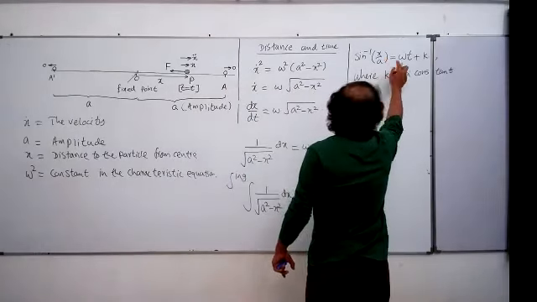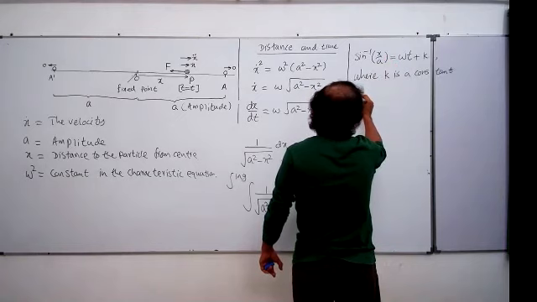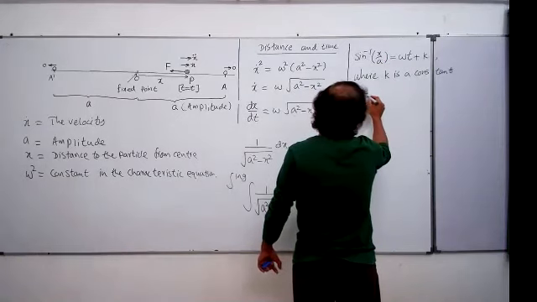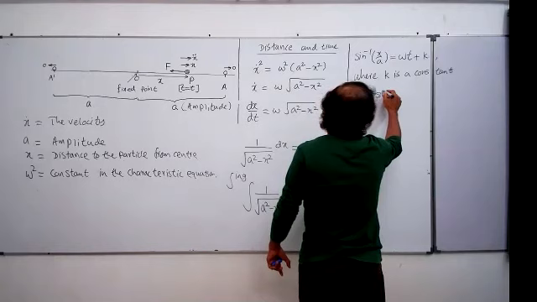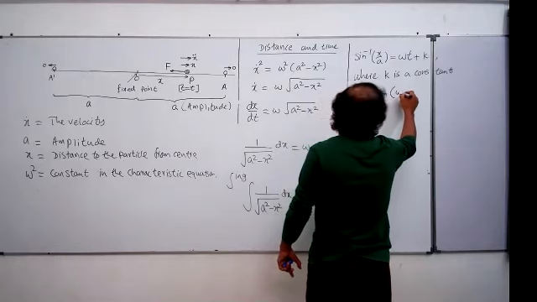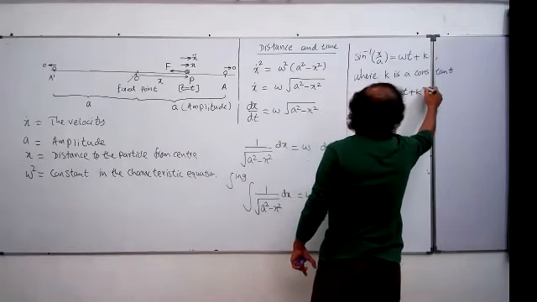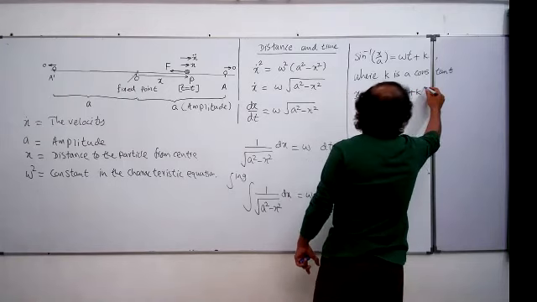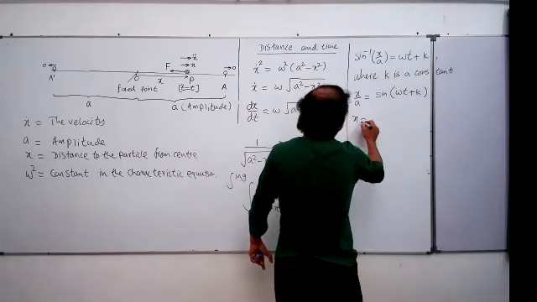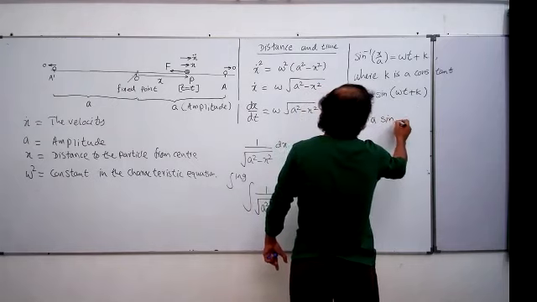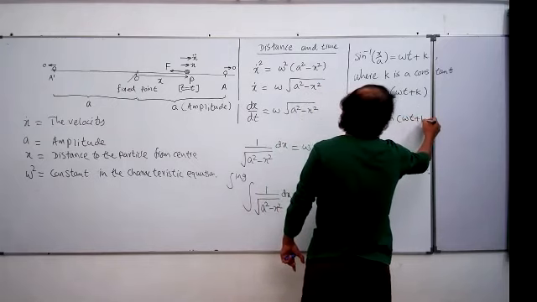Now people, bring the sine inverse to the right. We get x upon A equals sine of omega t plus k. So x equals A sine of omega t plus k.